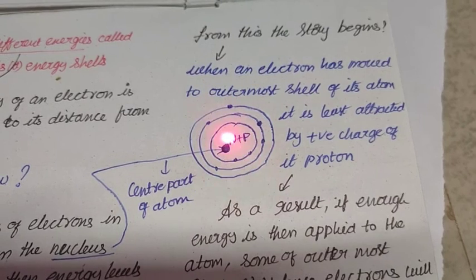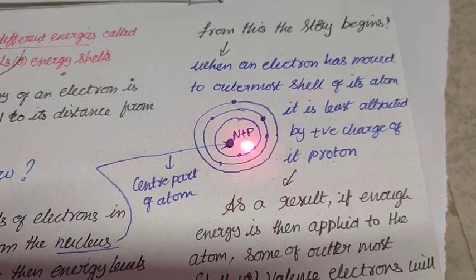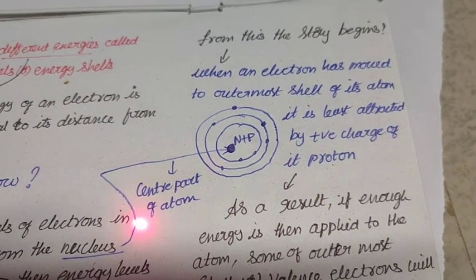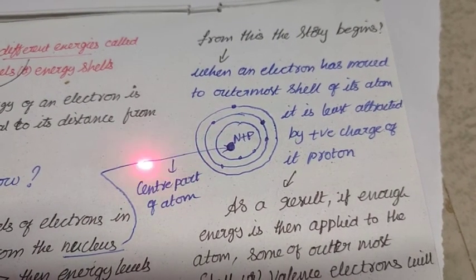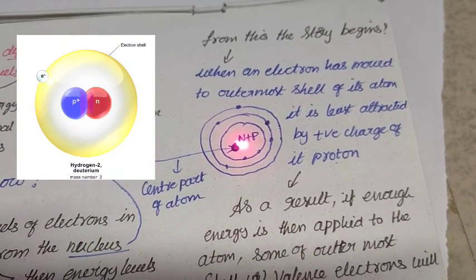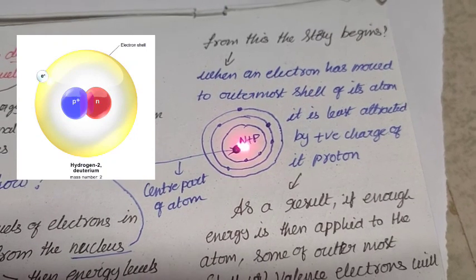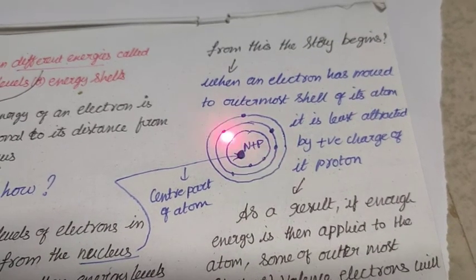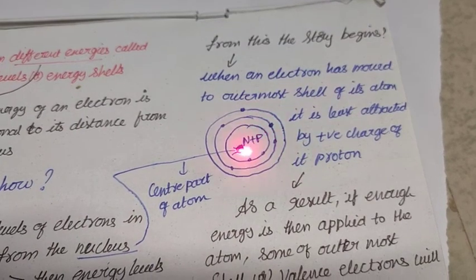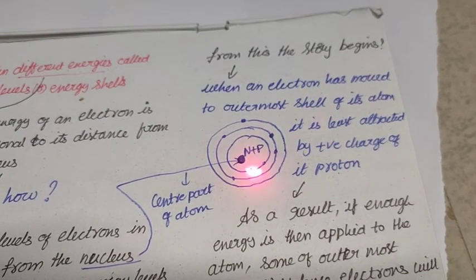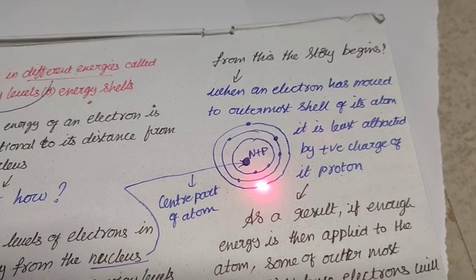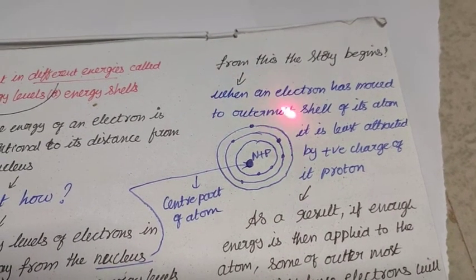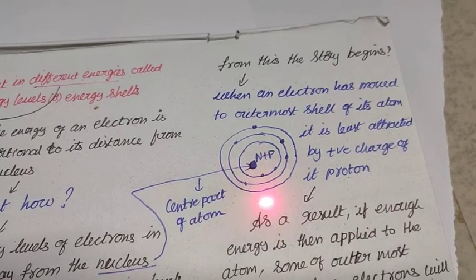Let's consider the diagram. Here in the middle is the nucleus, the center part of the atom. In this nucleus, there are neutrons plus protons. It is circulated by the cells. So in these cells, electrons will be present. This is the first cell, second cell, and that is the third cell. It is the outermost cell we have. Okay.